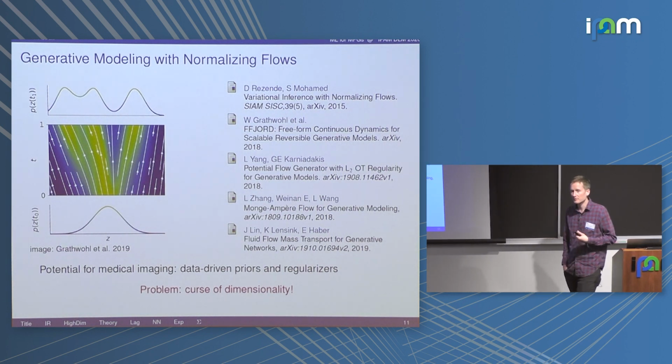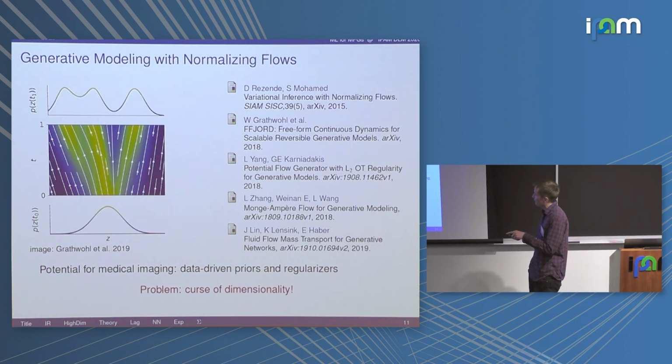So the idea in a normalizing flow is, can I find a transport plan between this nice density that I can easily sample from and this complicated density that I'm interested in? So in this case, that's denoted here by these lines.